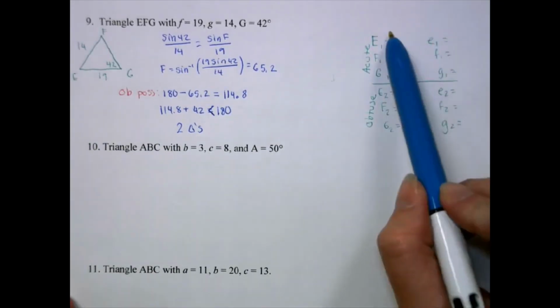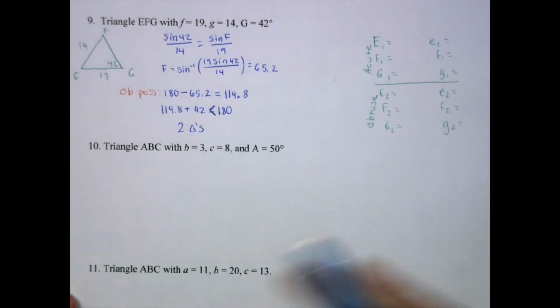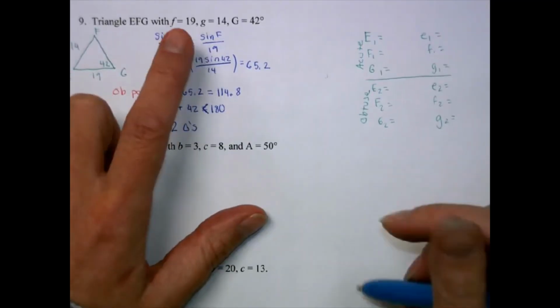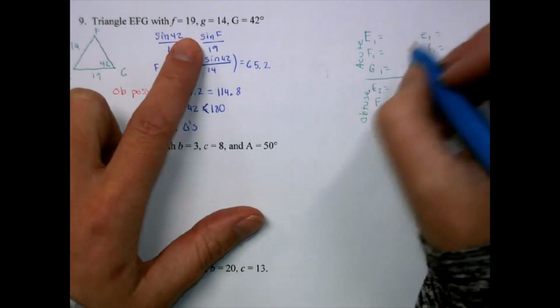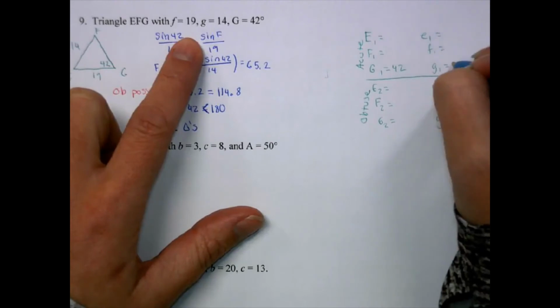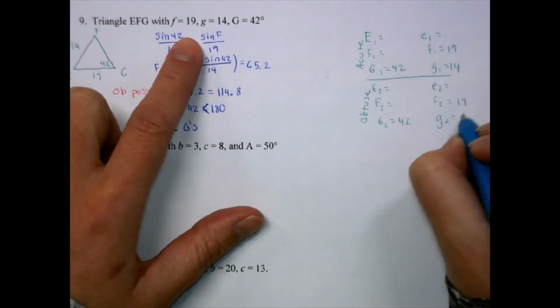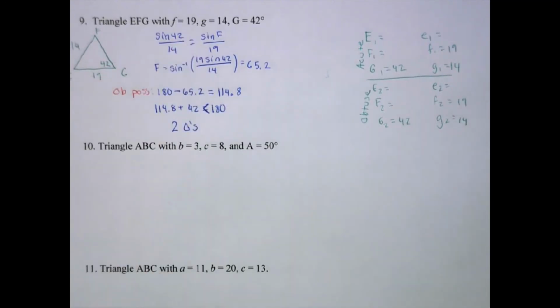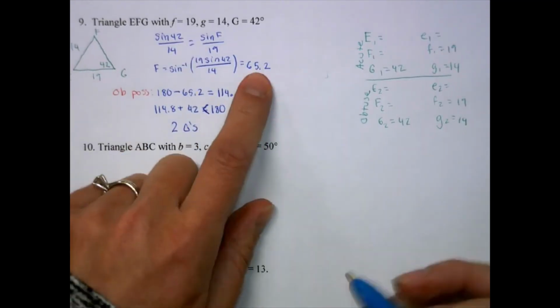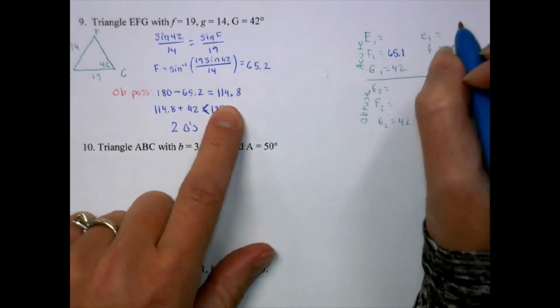All right, so we established there's two, which means we need to solve for both the acute triangle and the obtuse triangle. The given information is the same for both. So G is 42, g is 14, f is 19. Okay, and we found the acute angle F and the obtuse.